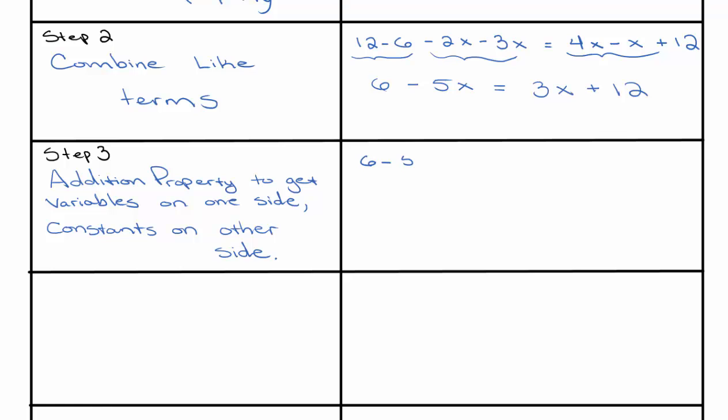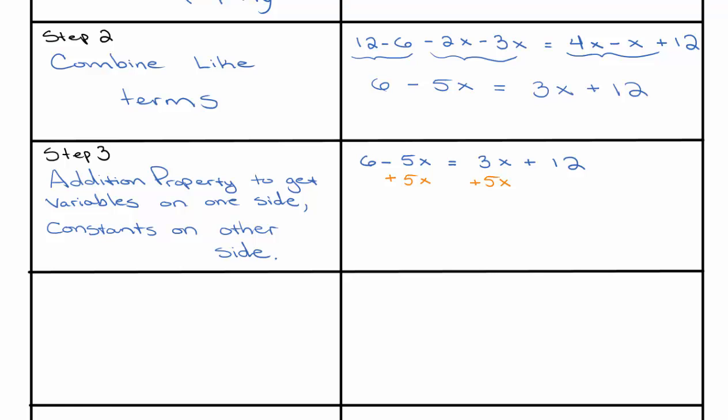Six minus 5x equals 3x plus 12. I'm going to go ahead and move the negative 5x as a positive 5x, so that way I can have a positive x term.